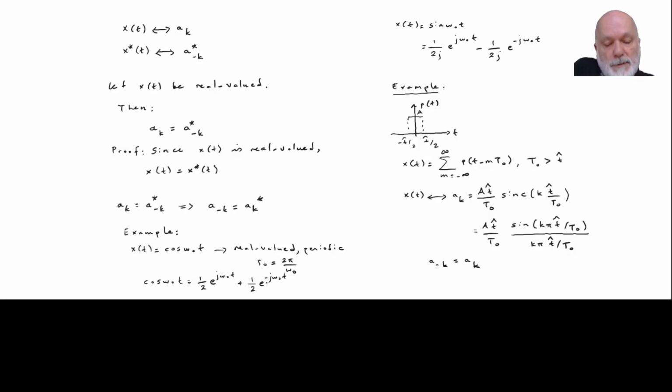Both components have the Fourier coefficients equal to 1 over 2. So the Fourier coefficients are real valued in this case. But in the Fourier series representation of sine omega 0 t, we have obtained Fourier coefficients which are pure imaginary, 1 over 2j and minus 1 over 2j. So why is this the case?